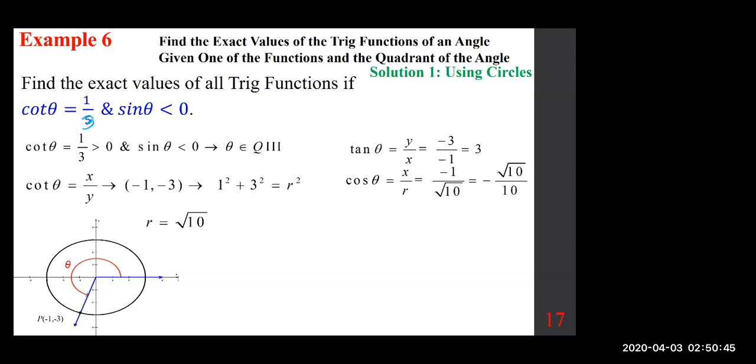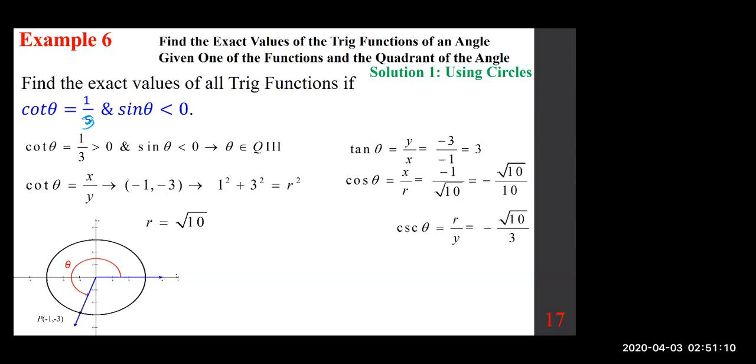Cosine, x over r. Cosecant is 1 over that, the reciprocal of that. Cosecant actually is 1 over sine.